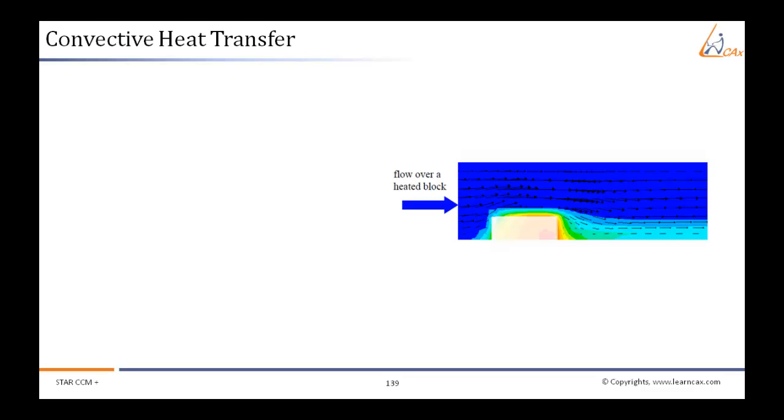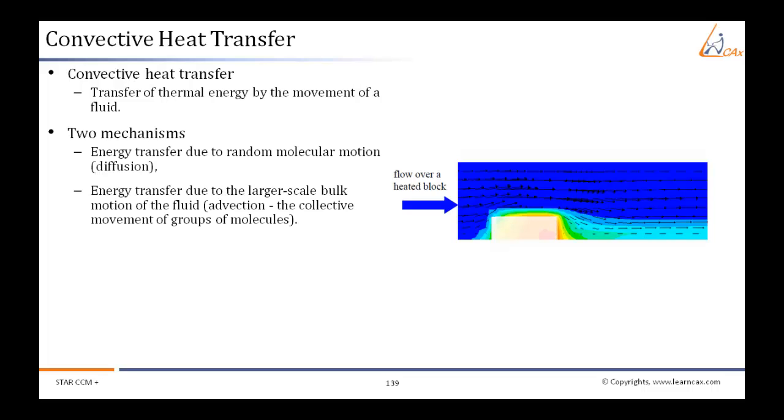Convective heat transfer is the transfer of thermal energy by the movement of a fluid. In engineering practice, it is used to provide specific temperature changes. Examples include heat exchangers, electronic device cooling, and cooling of turbine blades.